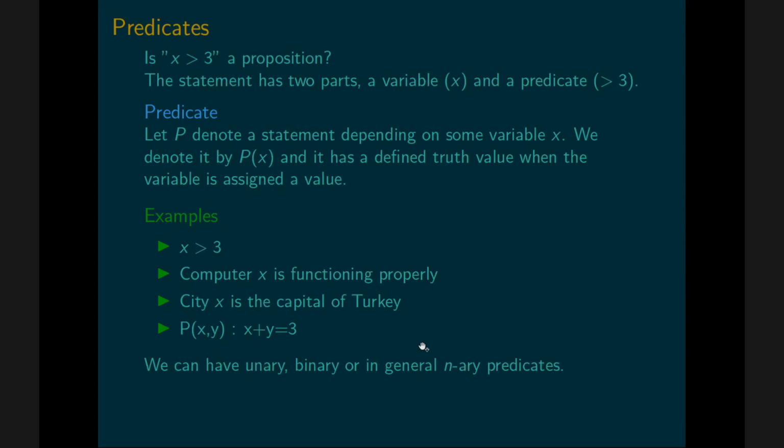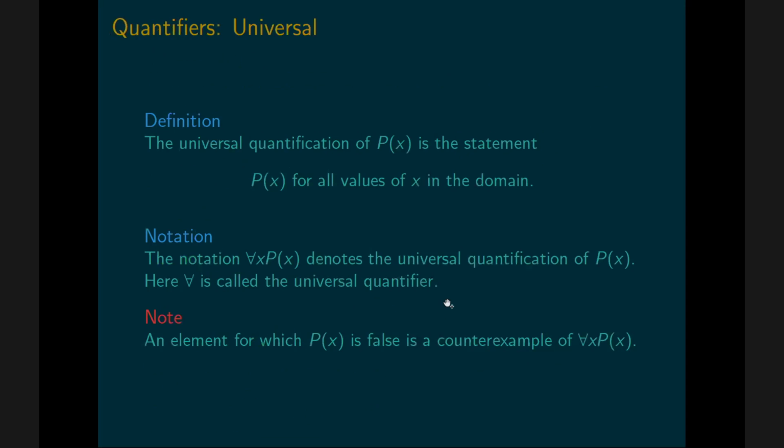We can have any number of variables. This is a unary predicate because we have only one variable, or this is a binary predicate, and in general we have n-ary predicates. You know this, for example, when you have if statements. Now, when we have predicates, what we usually do is quantification.